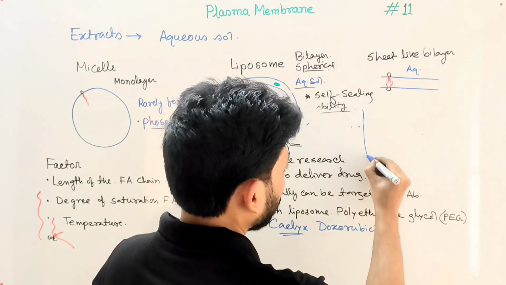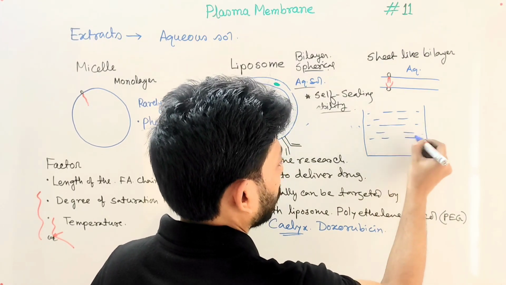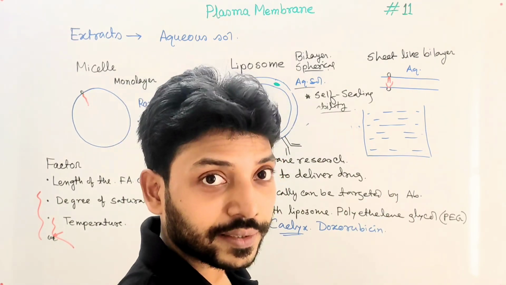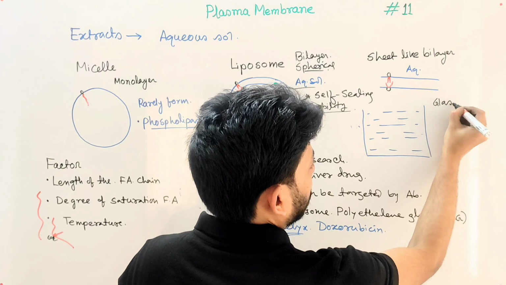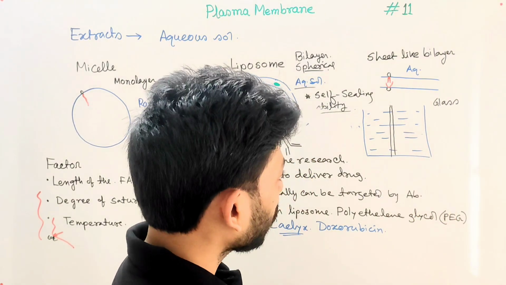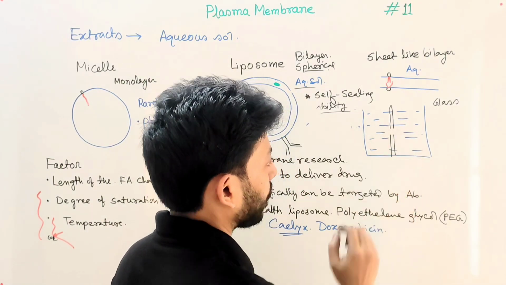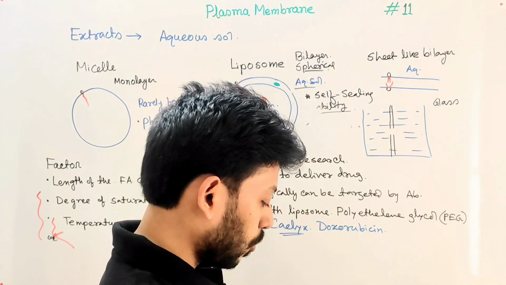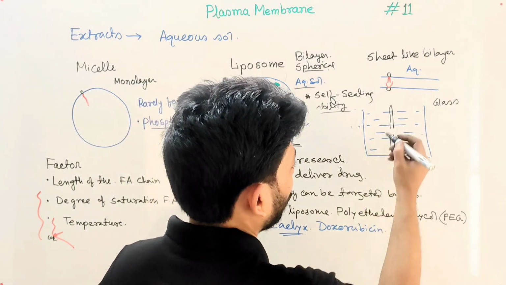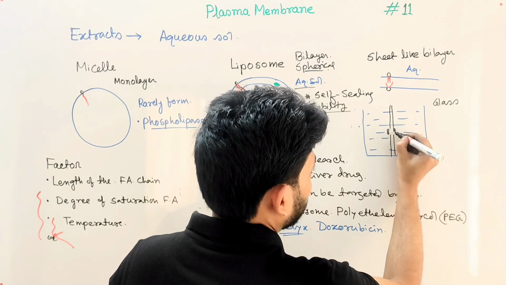Let's suppose this is a chamber where aqueous solution is present, that means water is present. Now if you divide this aqueous solution with a glass, and put a small gap in the glass, and now if you put these lipids, then the lipids will form a shield like this.